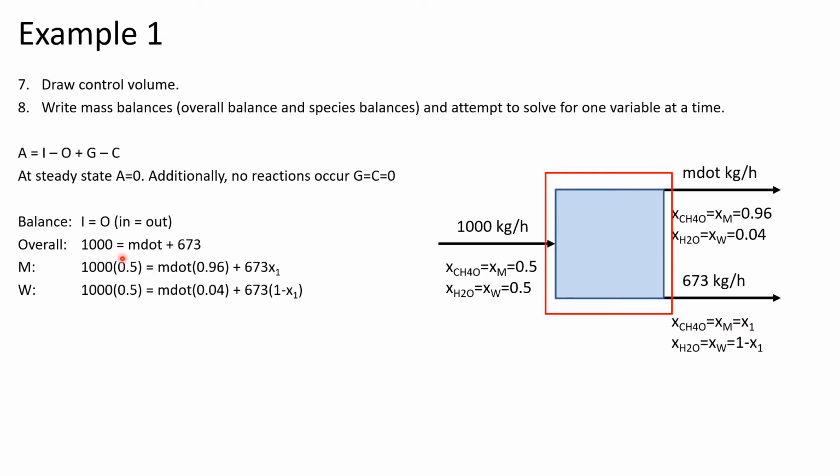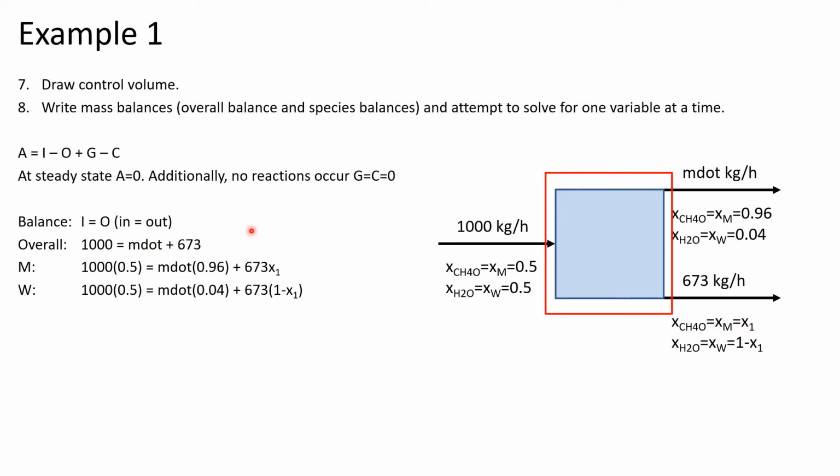We've now written the overall mass balance completely. We have in algebra here shown that the flow rate coming in, which is 1,000, is equal to the flow rate coming out, which is the flow rate of the top stream, m dot, plus the flow rate of the bottom stream, 673. This one equation we can actually solve for m dot. We're going to do that in a moment.